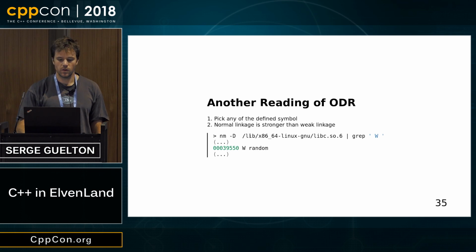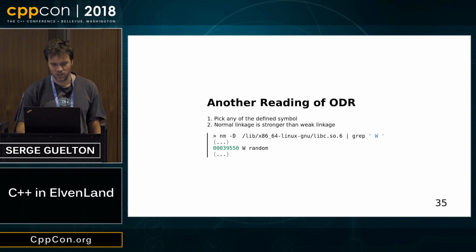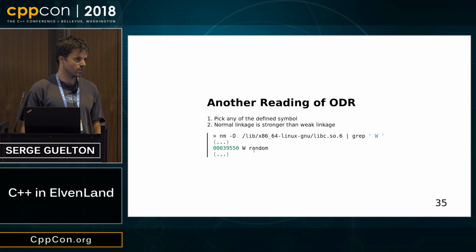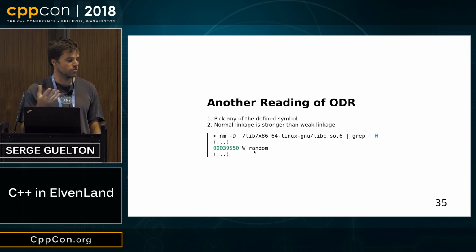A funny thing, just out of curiosity, I was looking at malloc. I wanted to say malloc is weak, and so you can provide your own malloc allocator. It turns out that on my system it's not. But random is weak. Okay, it's opening a lot of possibilities. You can redefine your own random number generator.